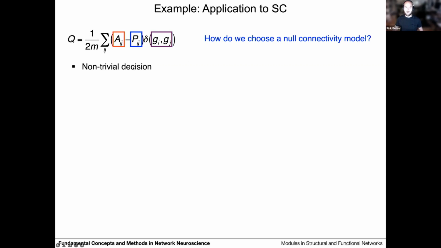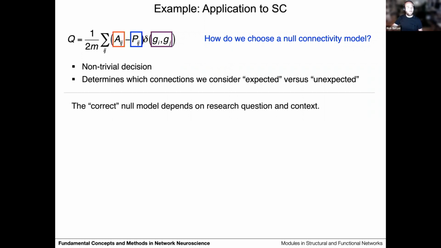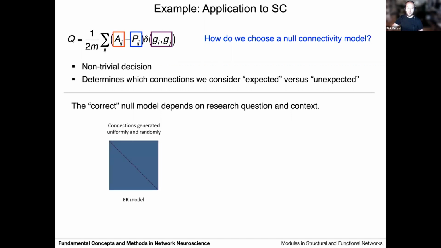Our choice here impacts this inner term, the subtraction of the observed minus the expected, so it can impact the communities, right? It's determining which of the connections are expected or unexpectedly strong. And this is a case where I would argue that there is no true correct null model. Rather, it depends on the question and the context in which the algorithm is being applied.